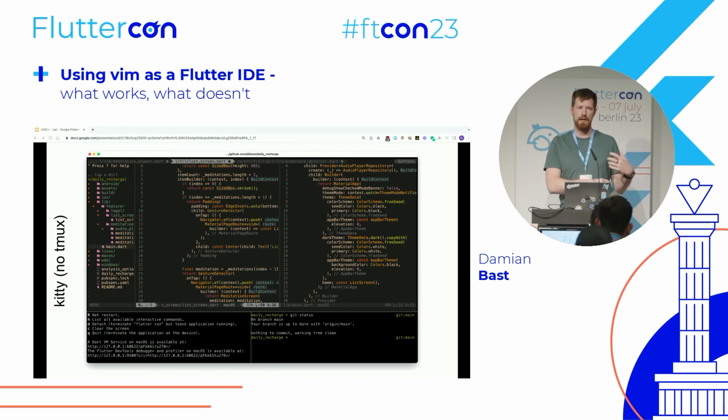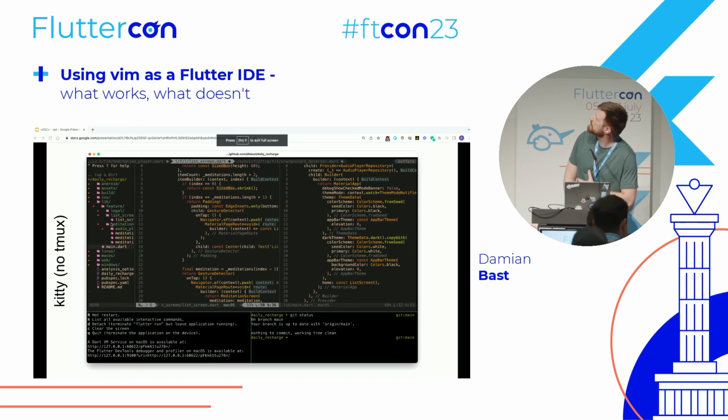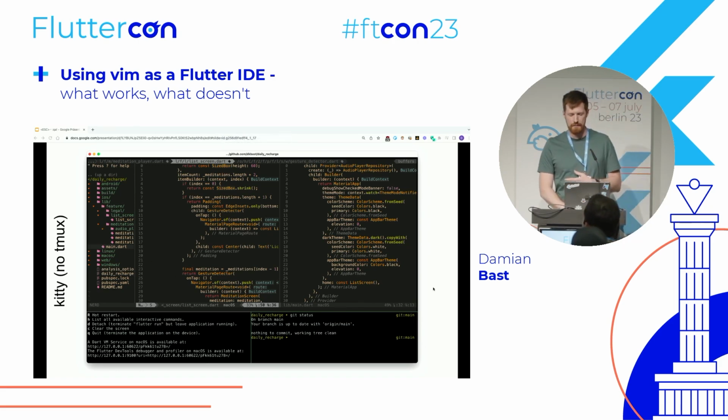Kitty is very graphics intensive, or can display graphics very beautifully. As you see, we have icons over here and stuff like that, that's all pretty nice. And that didn't work that well when I was using Tmux in between. So I decided to switch from Tmux to using Kitty only. And also because I'm not really using the sessions feature of Tmux, that was working fine for me.